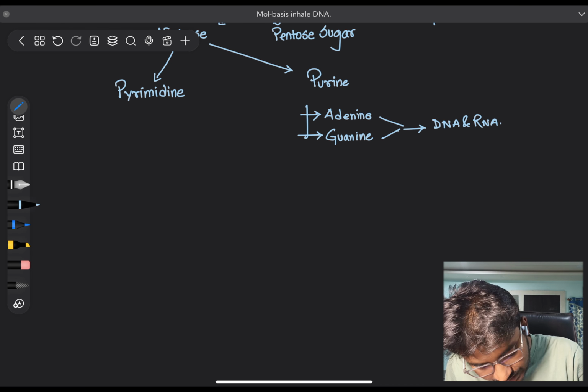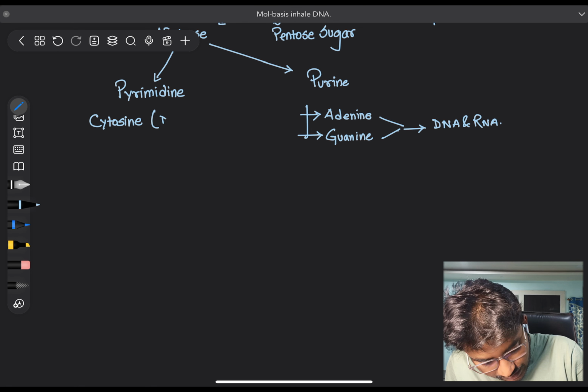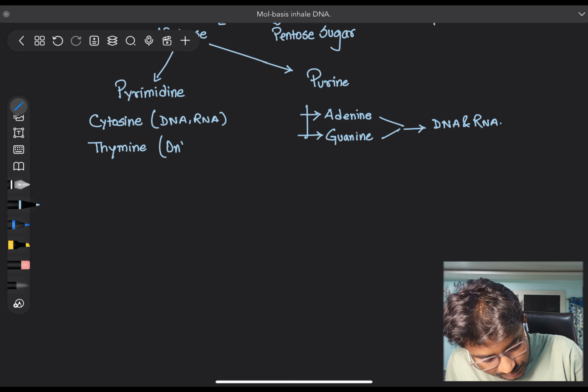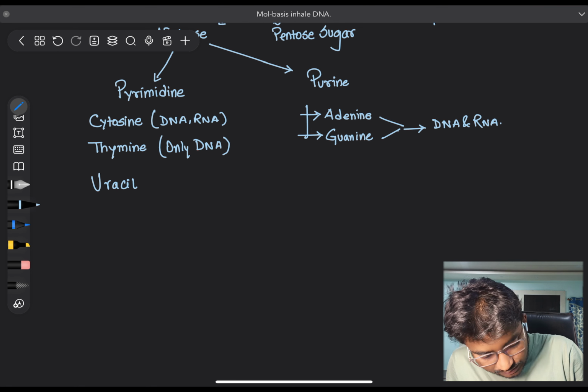Pyrimidine is made up of cytosine, found in DNA and RNA; thymine, found only in DNA; and uracil, found only in RNA.